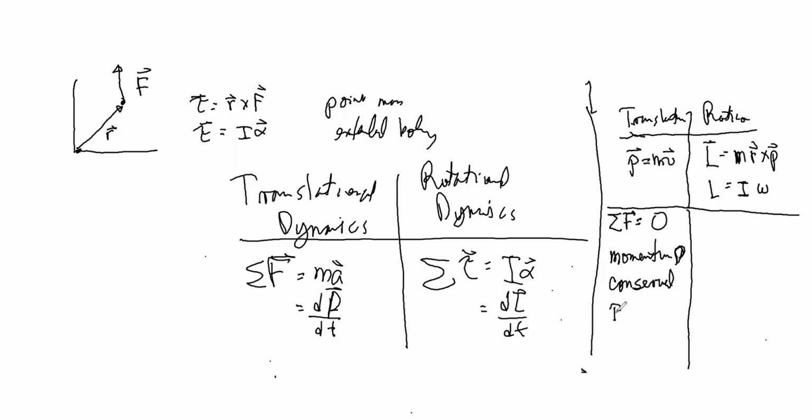So if we measure the momentum at two different times, we'll say that P initial is P final.